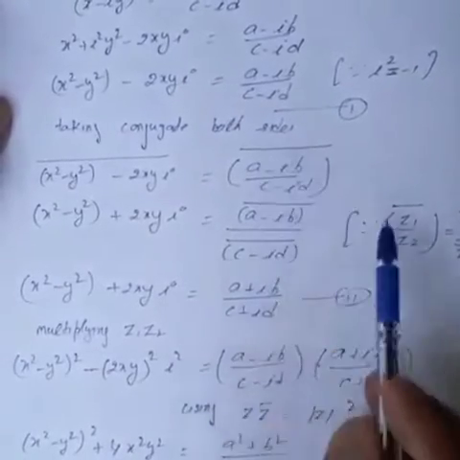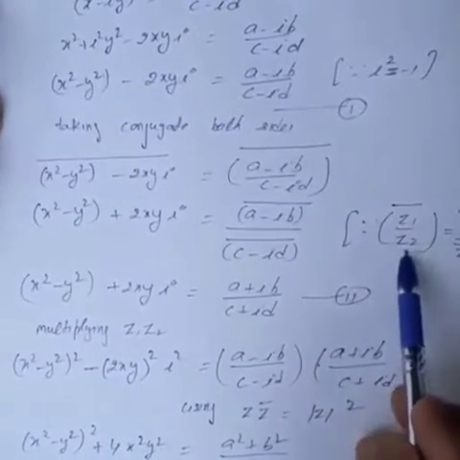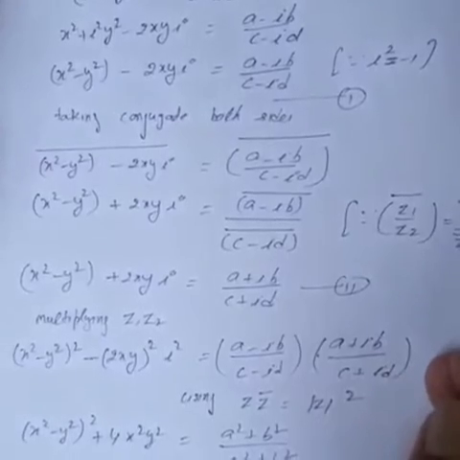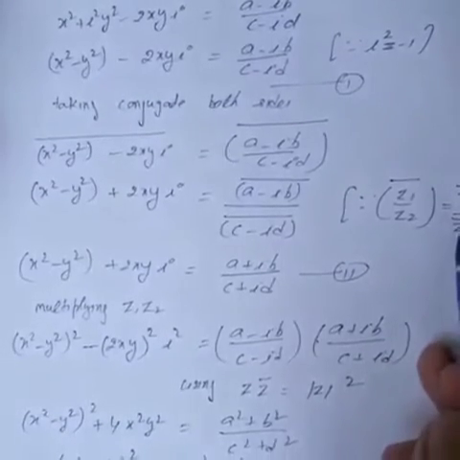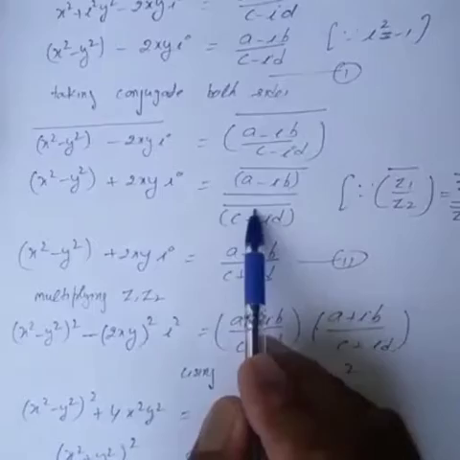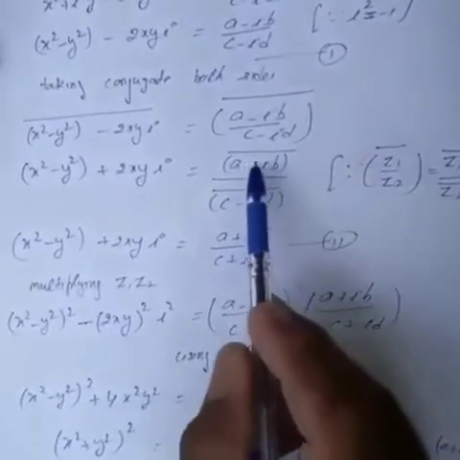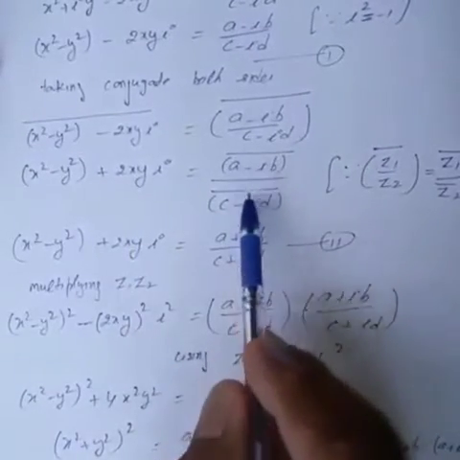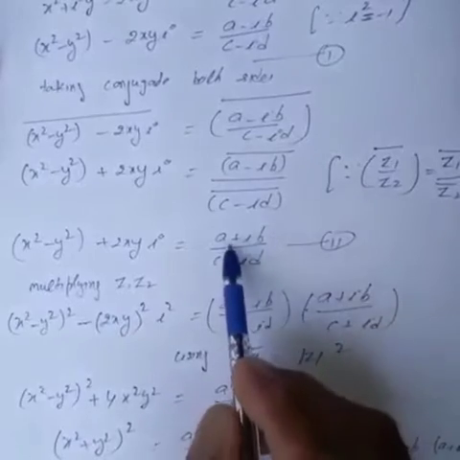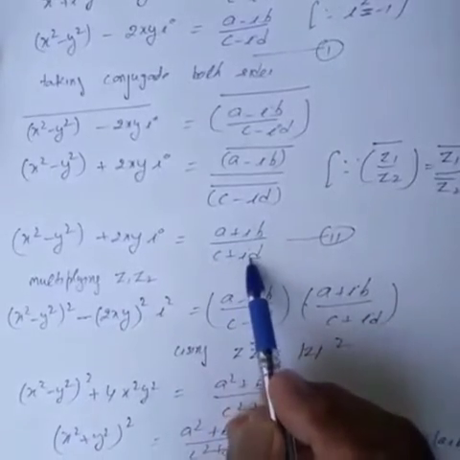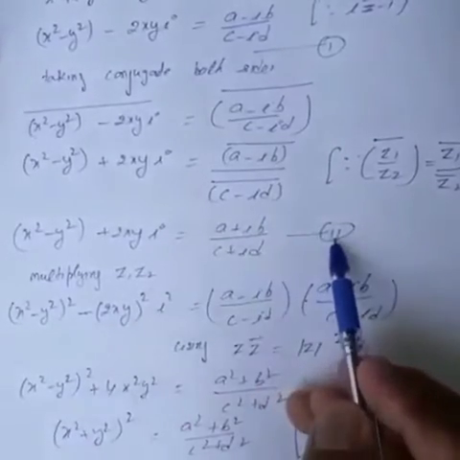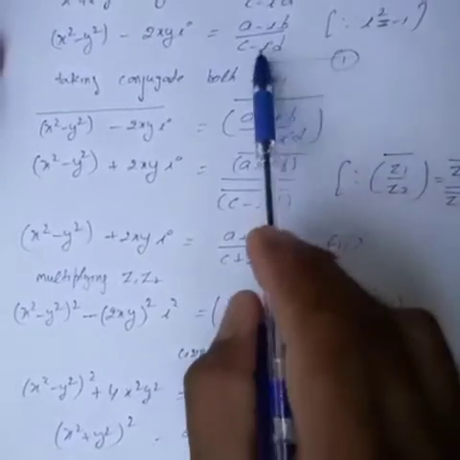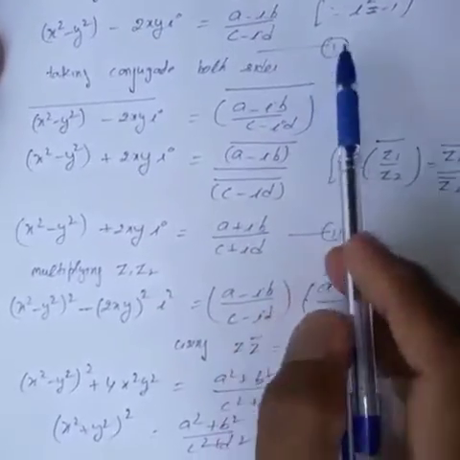So the conjugate of z1 upon z2, we know it is equal to the conjugate of z1 upon the conjugate of z2. Using this property, we will get this step. Then write the conjugate of numerator and denominator. So a plus iota b upon c plus iota d, mark it as equation number 2, and this is number 1, which we have marked already.